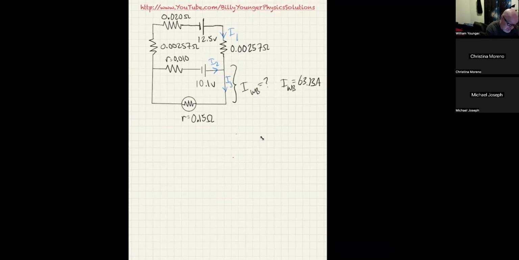So when I did that, I got that the currents were I1 equals 87.81 amps. I got I2 was equal to negative 19.21 amps, and I got I3 was equal to 68.61 amps.